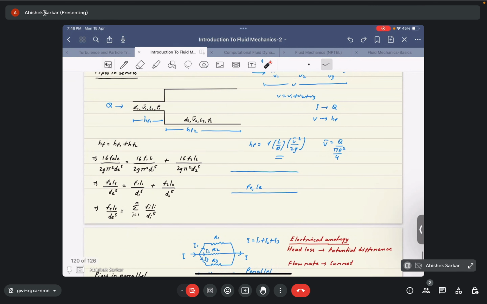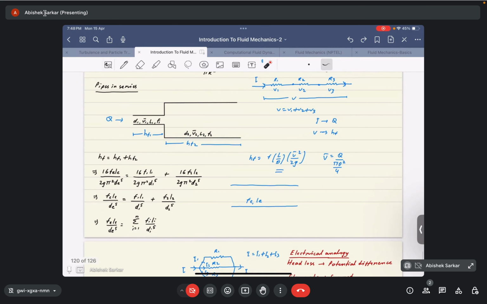Now the thing is that say you want to get an equivalent pipe that can be replaced by these two separate pipes in series.